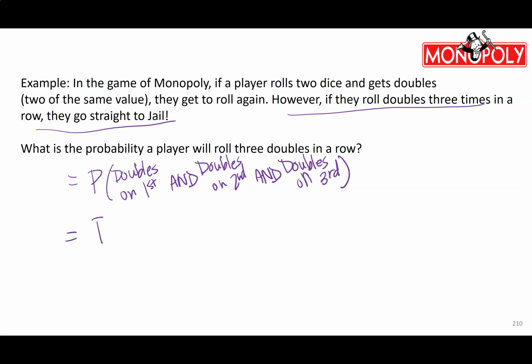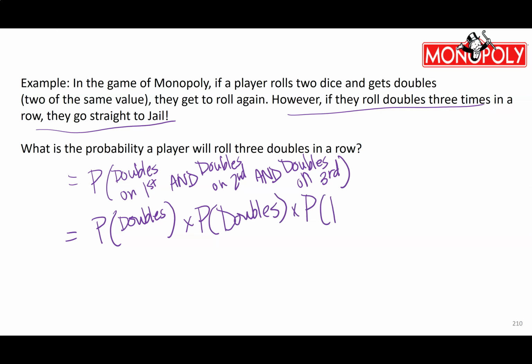I can rewrite that as the probability of doubles times the probability of doubles times the probability of doubles.